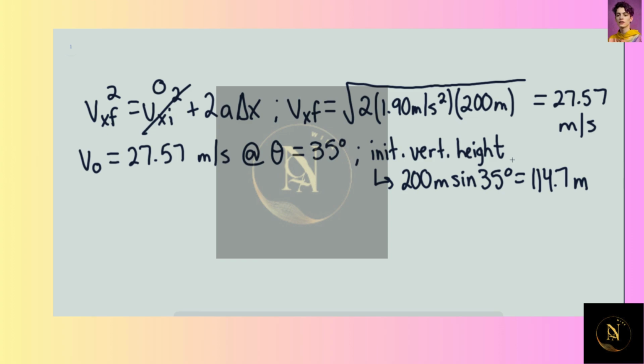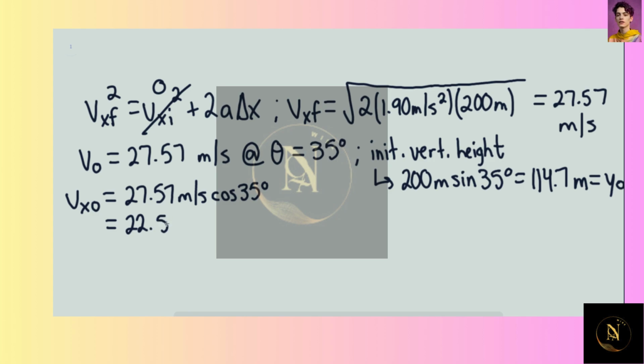And so now we can say that this would be equal to y initial. And we can say that here the velocity x initial would be equal to 27.57 meters per second multiplied by cosine of 35 degrees. And this is equaling 22.57 meters per second.